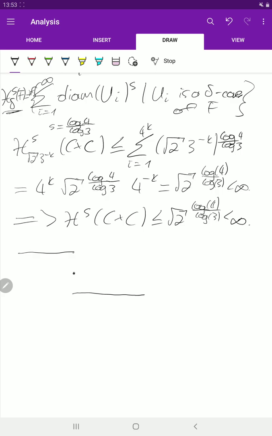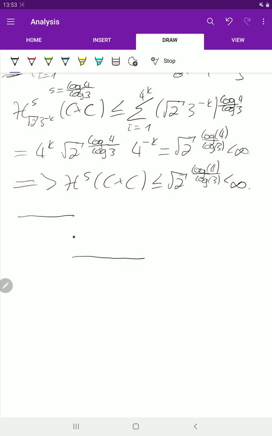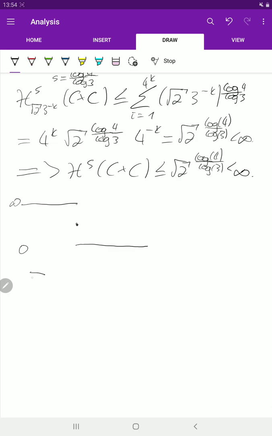And here we have that it's finite, so it has to be on this line, which means that the Hausdorff dimension of F has to be somewhere on this line, so the Hausdorff dimension is at most log 4 over log 3.